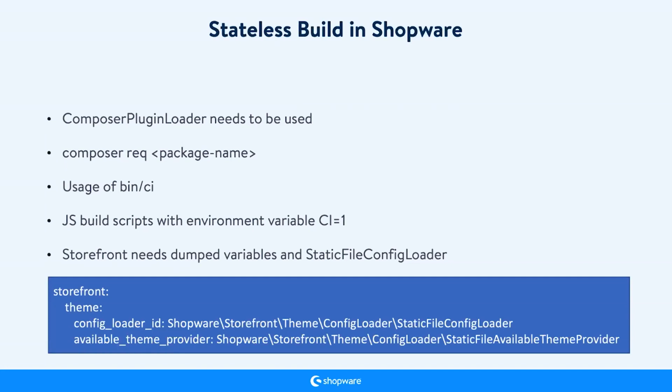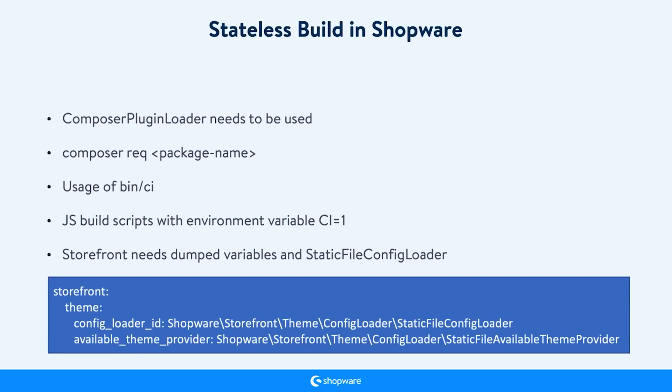Also, the environment variable CI=1 will be set in bin CI and will be used in the JS build scripts to only use the CLI and not the database.